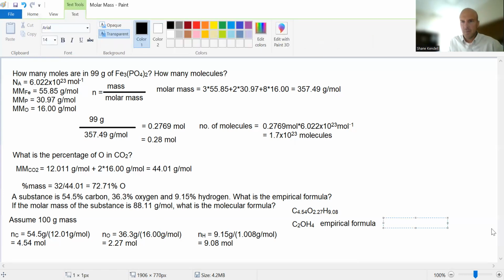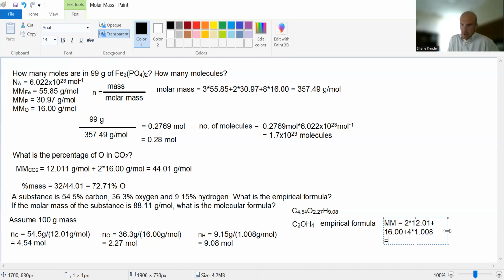And so the molar mass of the empirical formula is going to be our 2 carbons. To save room, I'll just avoid the units for the time being. Okay.